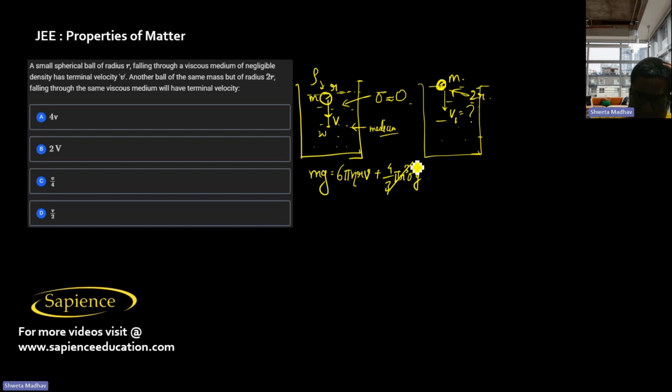Since here sigma is approximately 0, we can cancel this. So here terminal velocity will be mg by 6 pi eta r.